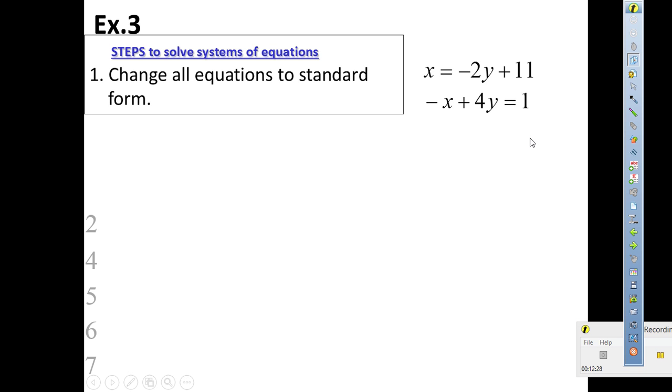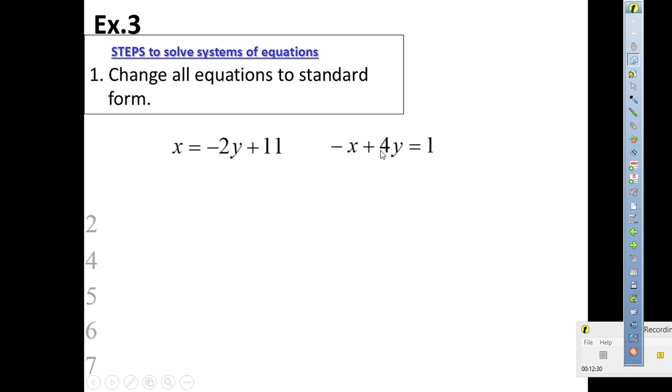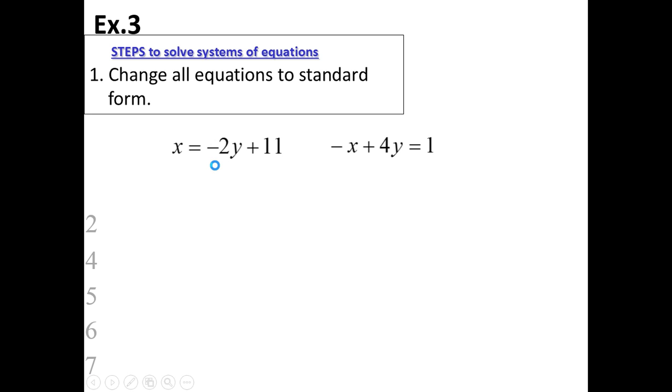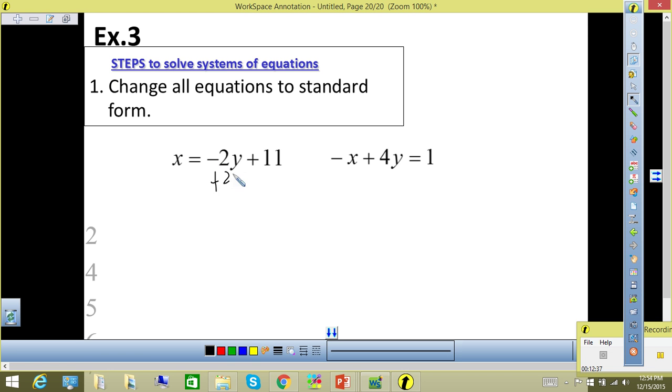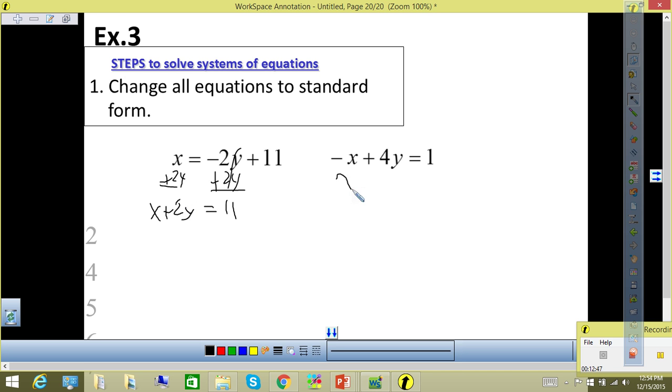So, this one's already in standard form. So this one we should do what? Add 2y to each side. We end up with x plus 2y equals 11. Is that correct? Yes. So we put that one here. x plus 2y equals 11. We're left with 6y equals 12.